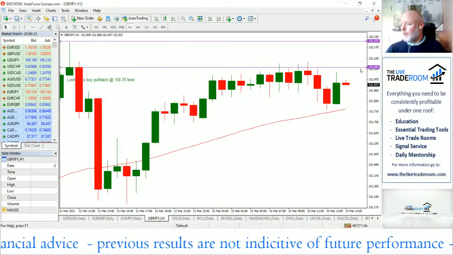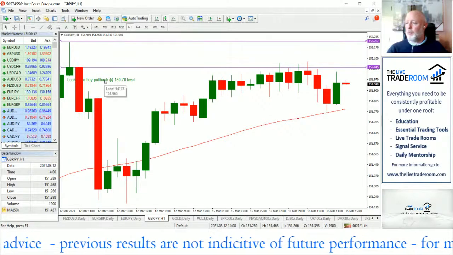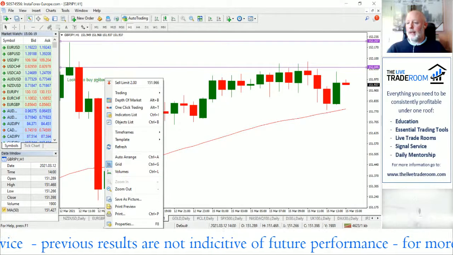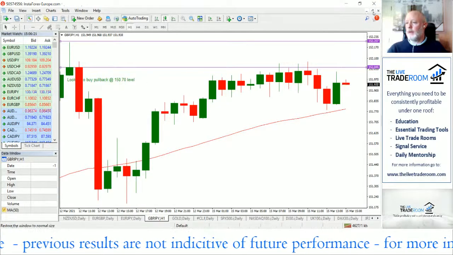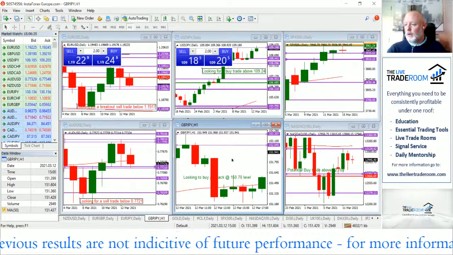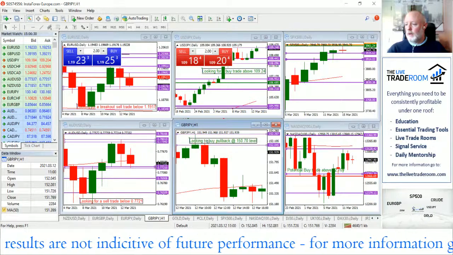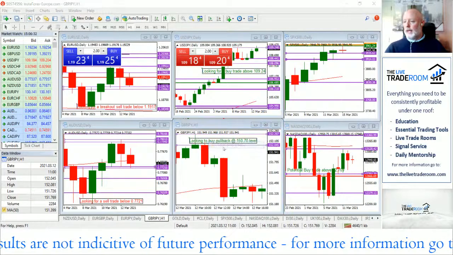So this 152.04 level, but we'd want to close above that if we can.